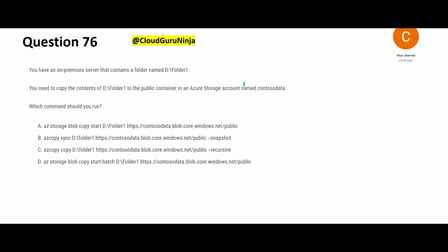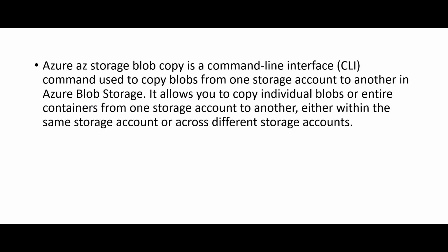In this next question, you have an on-premises server, and this is your folder. You need to copy from this folder to a public container in Azure storage. So it is obvious, in order to copy, we will use AZ copy. There is nothing called AZ storage blob copy for this.